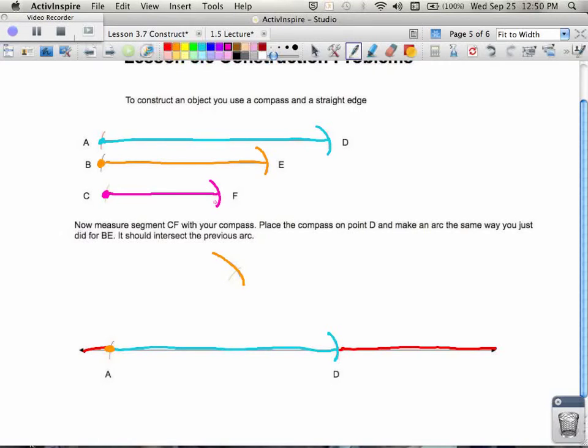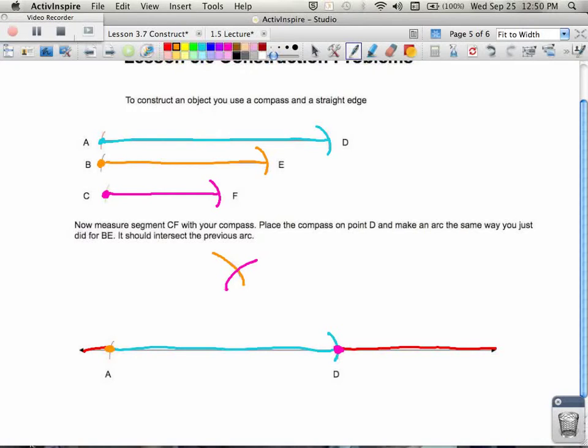I'm going to stretch my compass out all the way to the end and mark off the measurement of CF. Now I go all the way over to where D was on the right-hand side of the light blue segment, place my compass point there, and my compass is already stretched out to the distance of CF, so I just make an arc out in space. The cool thing about this is, once you make those arcs, you will see that you have a place where they intersect.